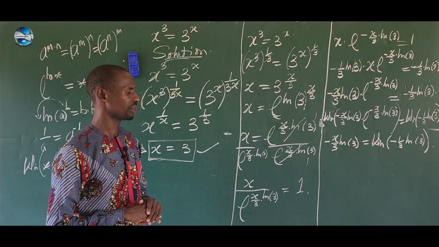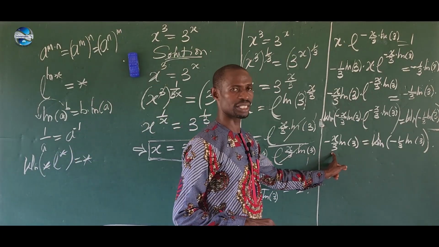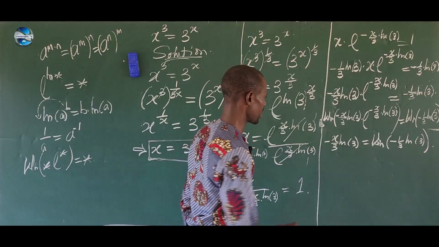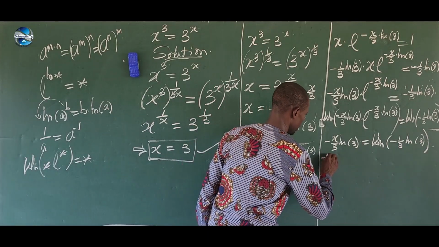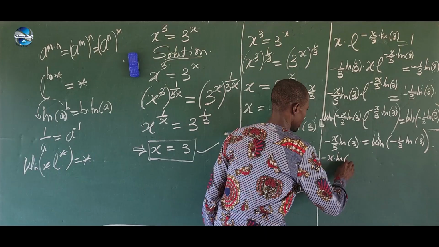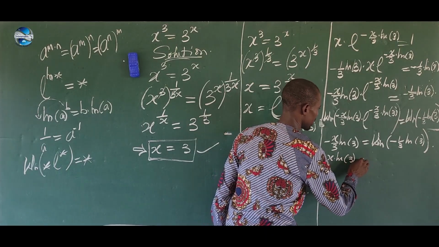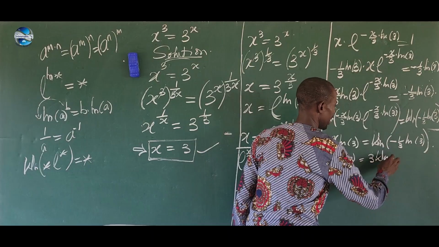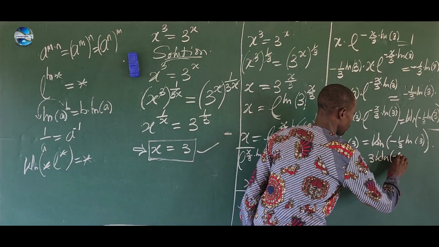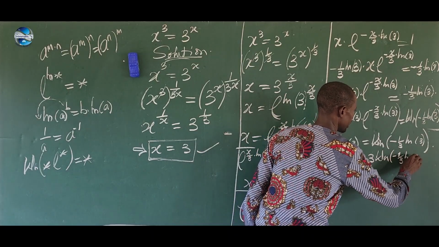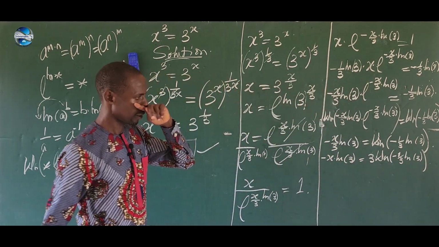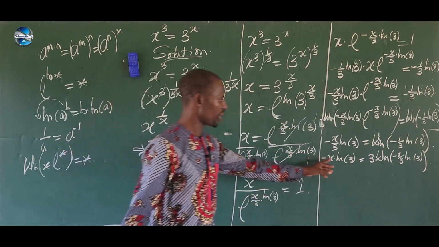All we just have to do is to multiply first by this 3 here. If we multiply both sides by 3, it's going to give us minus x times ln of 3 is equal to 3 times the W of minus 1 all over 3 times ln of 3. Good. Now, we are looking for x.